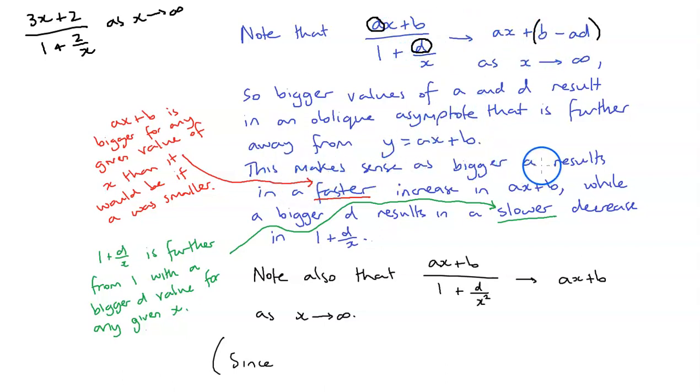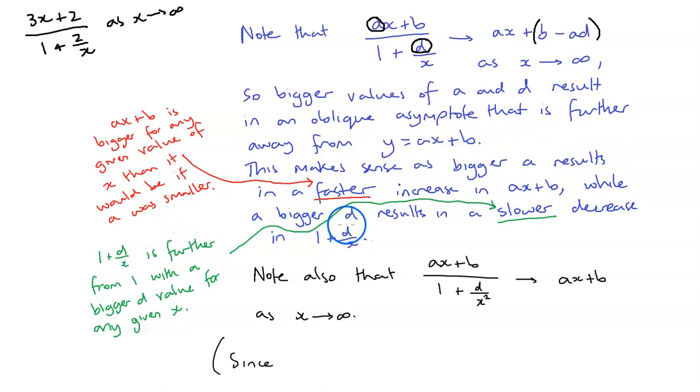And this makes sense as a bigger a results in a faster increase of the ax + b part, the numerator. When I say faster, I mean that ax + b is bigger for any given value of x than it would be if a was smaller.